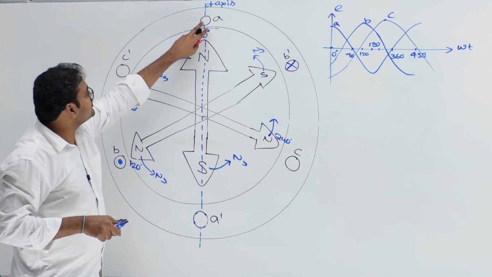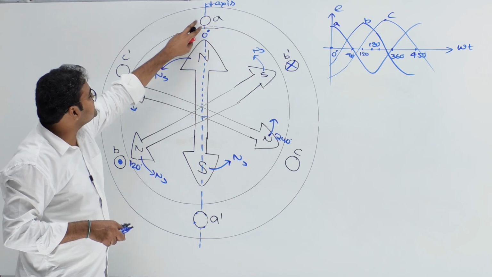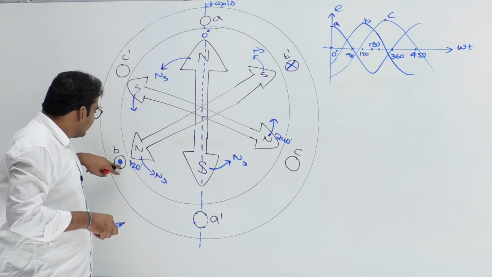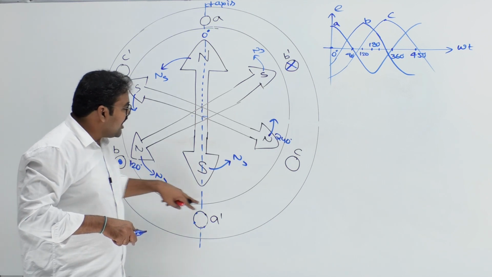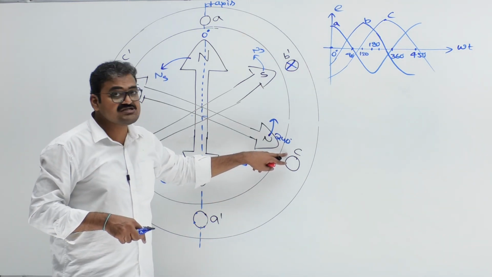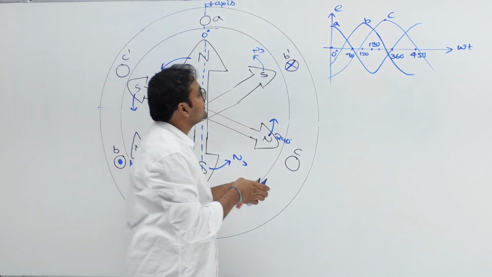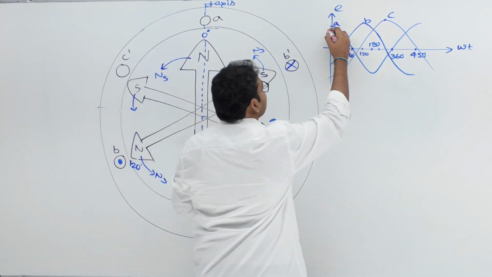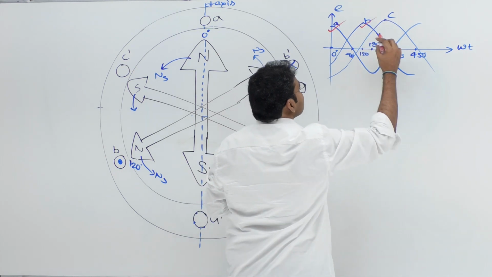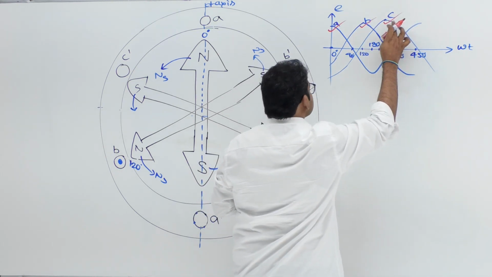All right. So at 0 degrees phase A voltage is maximum, after 120 degrees B voltage is maximum, after 240 degrees C voltage is maximum. So what is the phase sequence you are able to understand here? Yes, first phase A voltage is maximum, next B voltage is maximum, next C voltage is maximum.